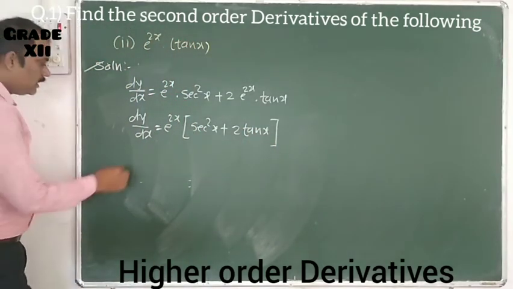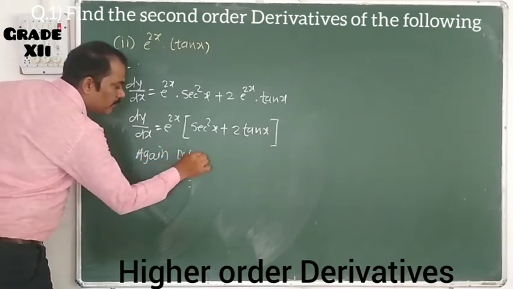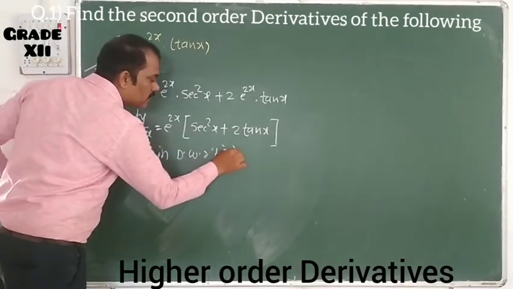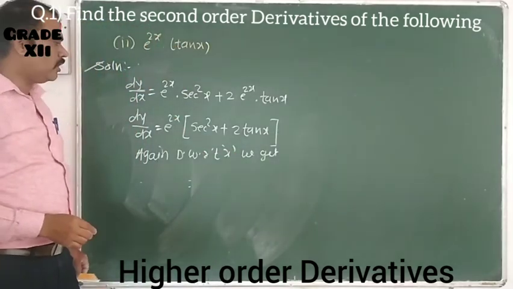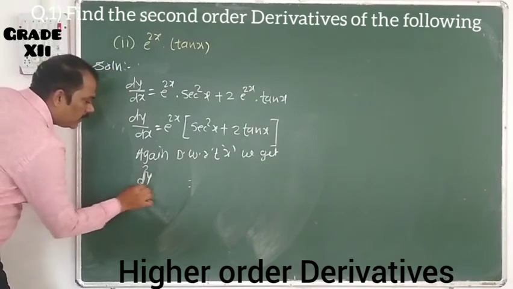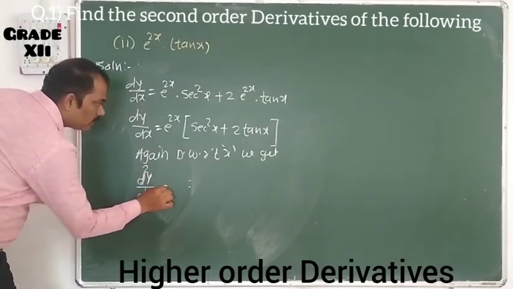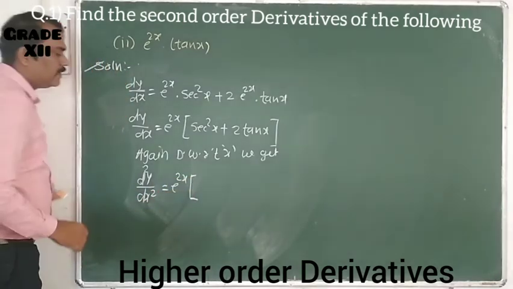Again we have to differentiate with respect to x. Here again we use the product rule, so we get d2y by dx square is equal to e raised to 2x as it is into bracket.